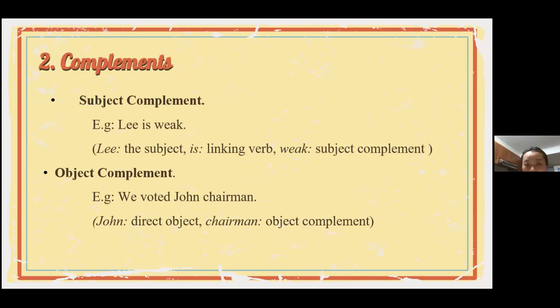Examples of linking verbs are to be, to smell, to seem, to taste, or to look. For example, "Liz is weak": Liz is the subject, "is" is a linking verb, and the adjective "weak" is the subject complement. It tells us something about the subject; it completes the meaning.